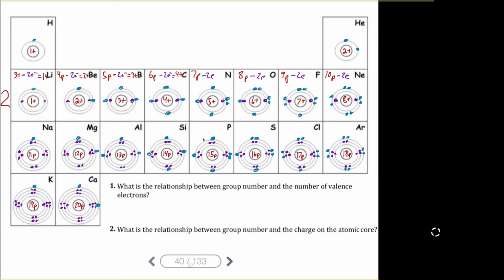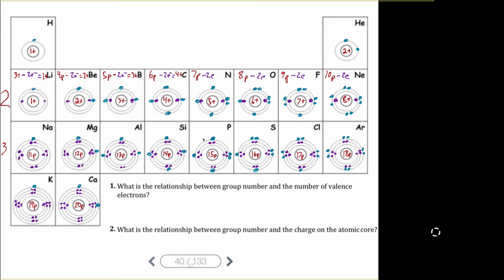So now let's go ahead and talk about this third row here, all right? Because again, there's more patterns to be seen. First off, everything in this third row, if you take a look at the inner electrons for all of them, and if you need a moment to pause the video, do so, notice how they're all 10 inner electrons.